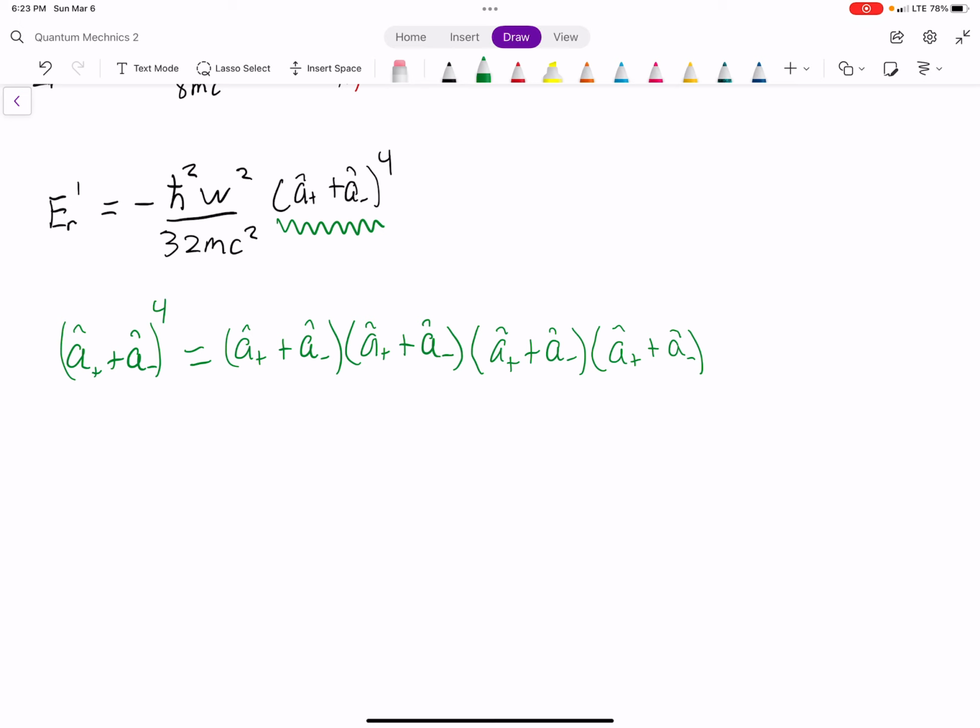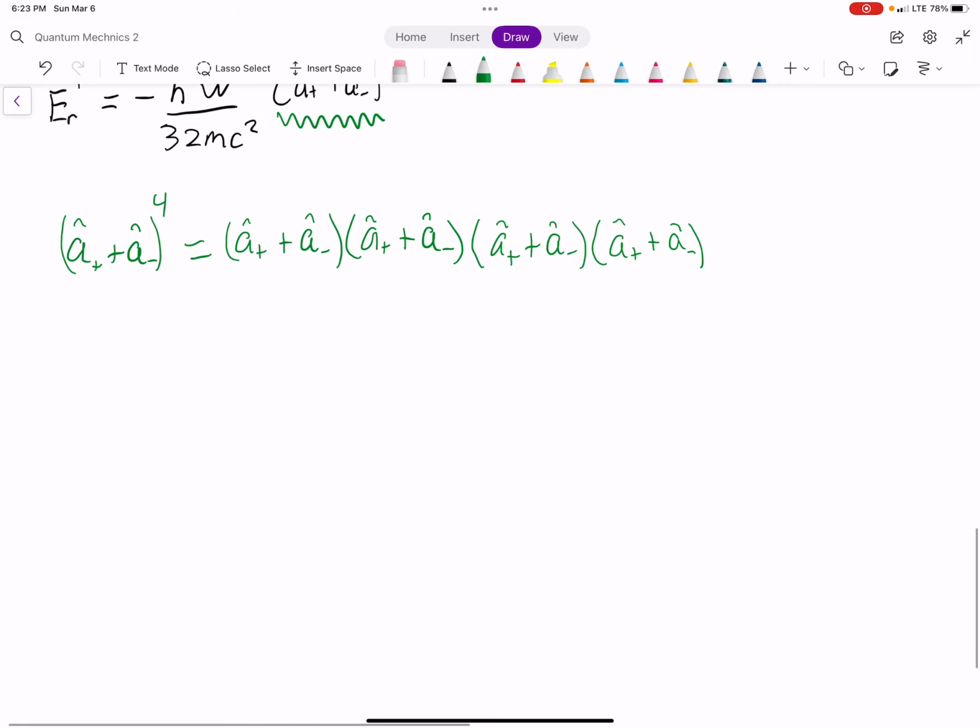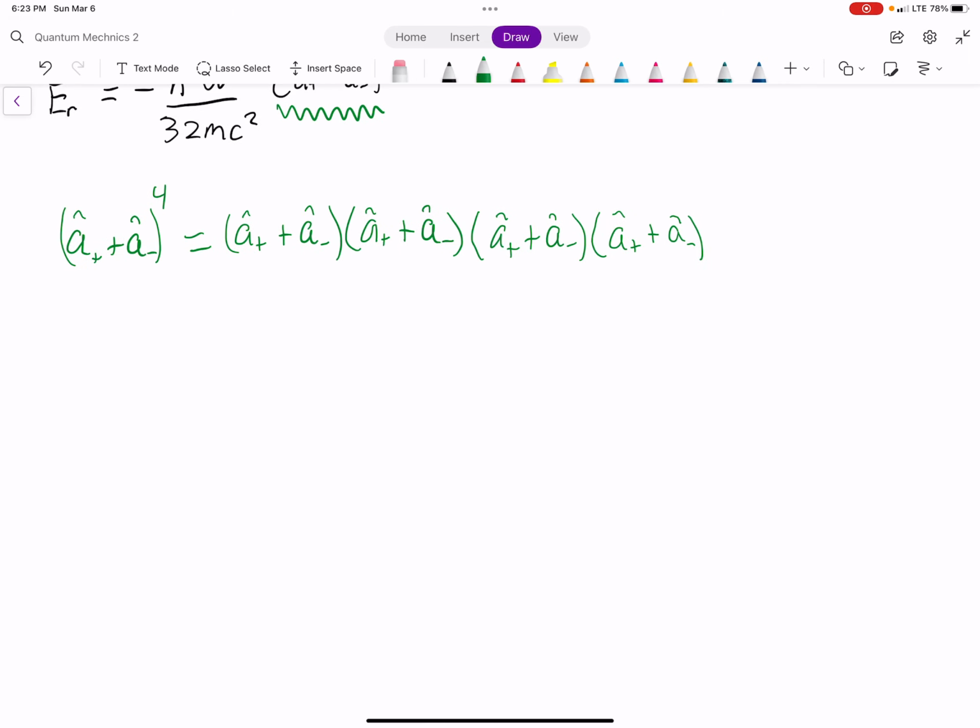Okay, so now we're going to actually multiply out through this, which can be pretty messy. And you also have to be very careful because they are operators. So a plus. So I'm just going to go ahead and distribute like this. And then I'm going to do the same thing over here.